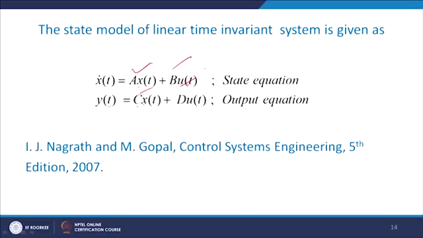In future we will learn about stability issues and performance, and we will see the importance of each matrix A, B, C, D. Right now you only need to understand that this is the state space model and these are the significance of A, B, C, D: A system, B input, C output, D the coupling.